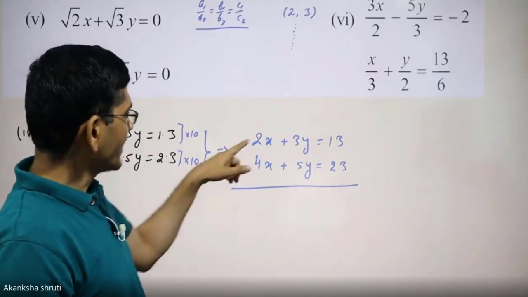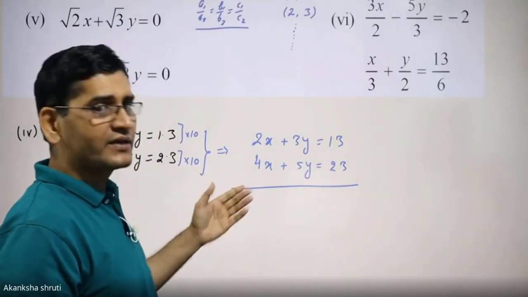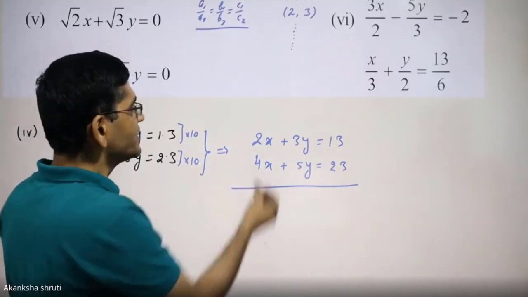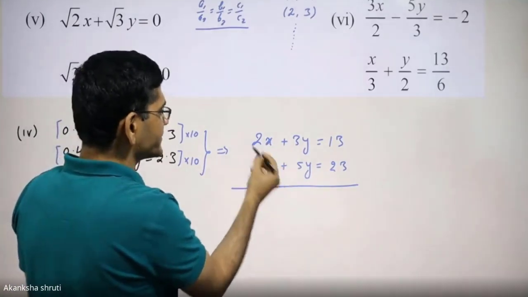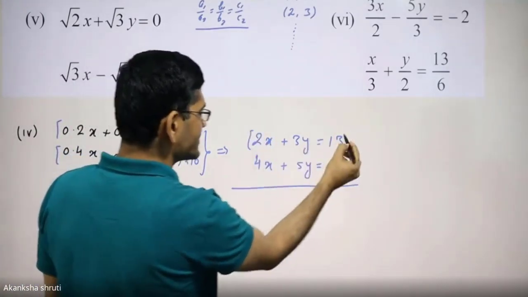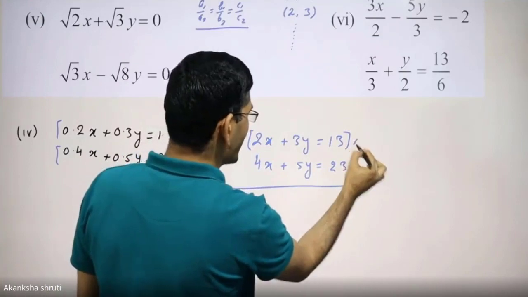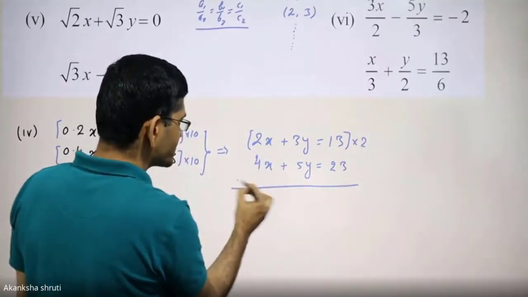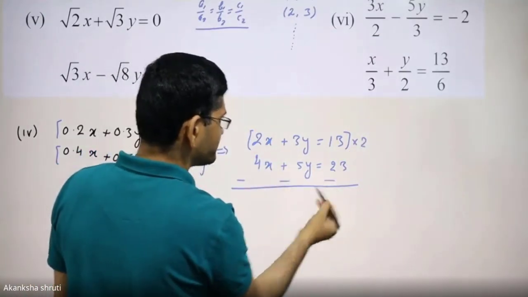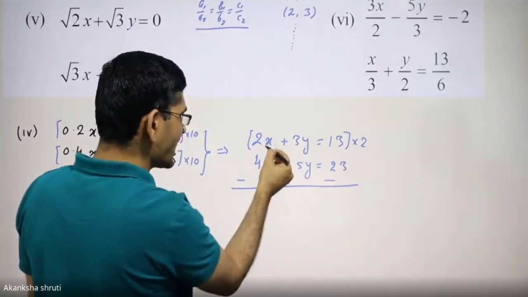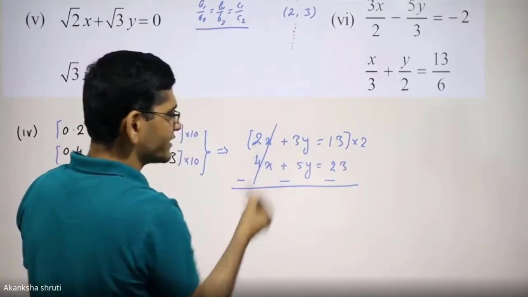Now we are observing this can be solved by elimination method. Say, let us eliminate this x, which is more convenient. Multiply the equation 1 by 2, then subtract this second one. 2 2s are 4x minus of 4x, it will get cancelled.